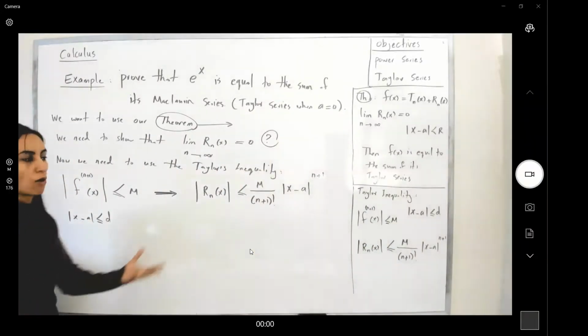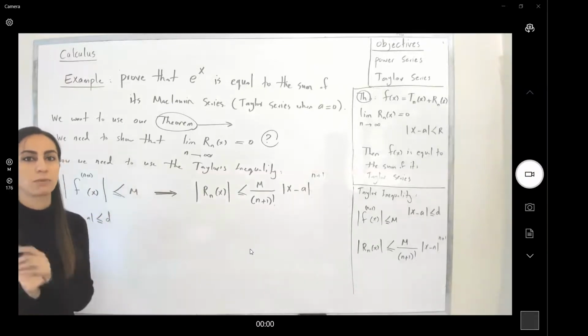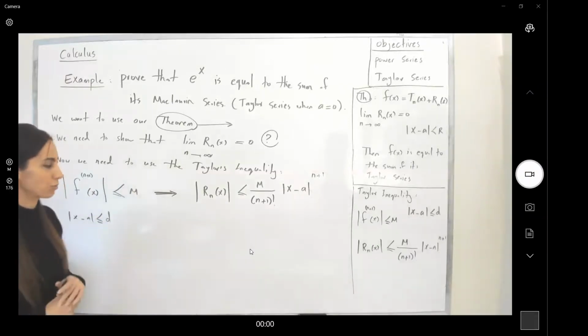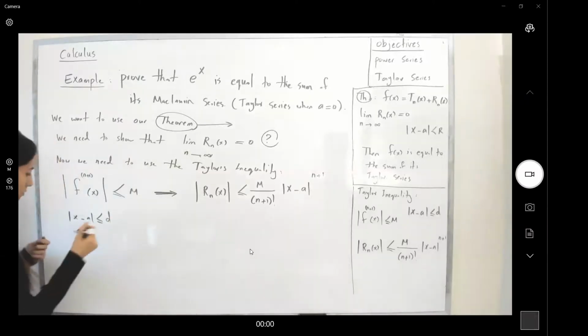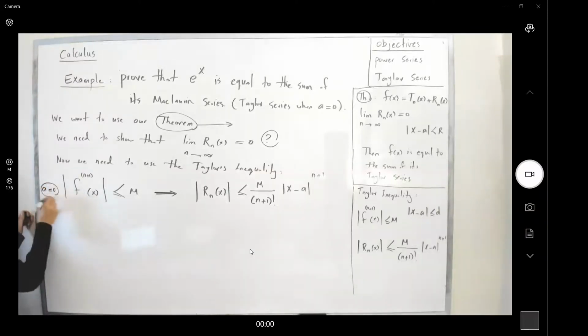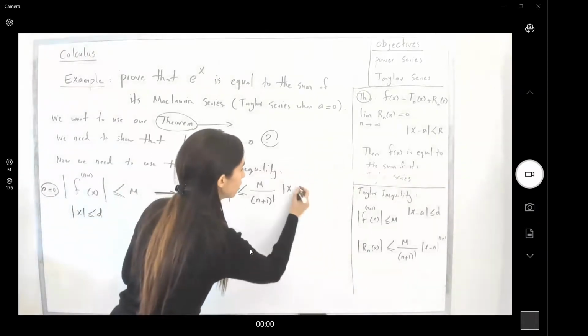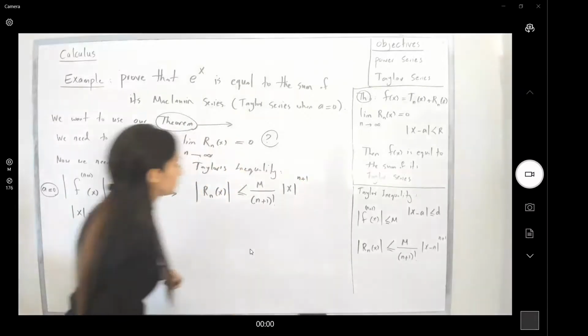Now, we're going to use algebra. There's nothing calculus about this. This is just pure algebra. So let me write it this way, because a is equal to 0 for us. |x| is less than or equal to d. And here you have the absolute value of x raised to n plus 1.